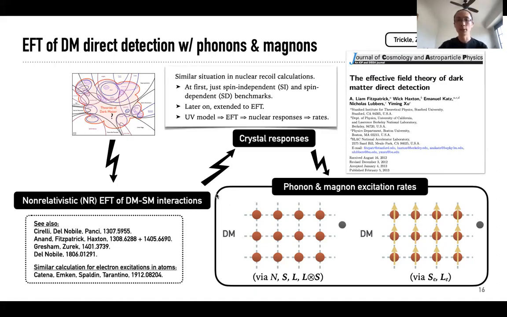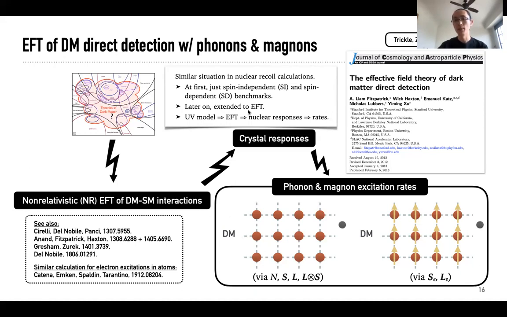If this reminds you of something, it must be the pioneering study by Liam Fitzpatrick and others back in 2012. In their case, they looked at nuclear recoil calculations in the EFT framework. The situation there is quite similar. At the beginning, most of the focus was on the standard SI and SD interactions. But starting with this work, they made a systematic extension of the calculation to the full set of EFT operators.